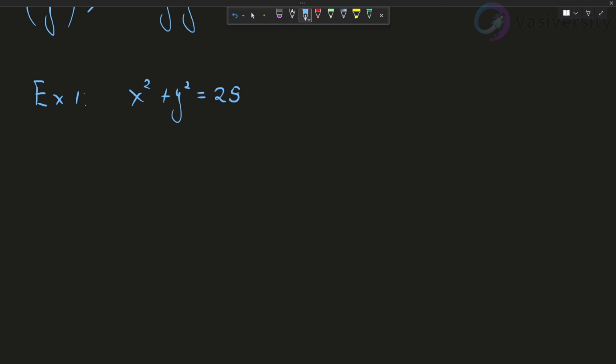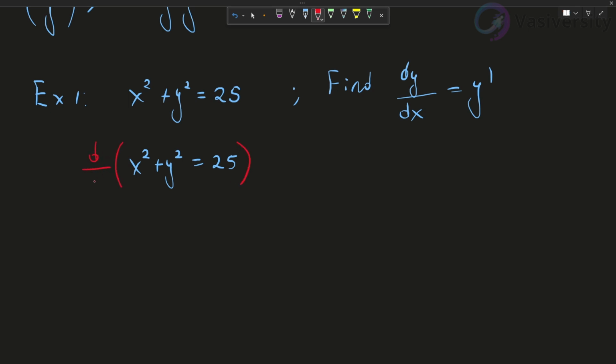And we want to find dy dx, which is equivalently y prime. So what do we have to do here? x squared plus y squared is equal to 25. We have to take the derivative of the entire equation.